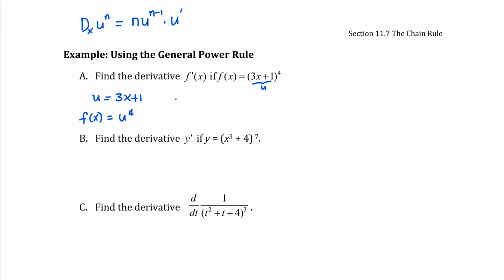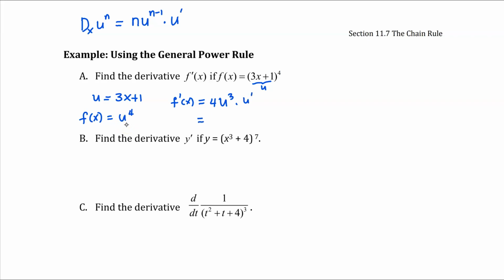Now the derivative of u to the 4th using the general power rule here is 4. You bring down the exponent, so you have n, and our n here is 4, times u to the n minus 1, so to the 4 minus 1, that is 3, times the derivative of u, so times u prime.